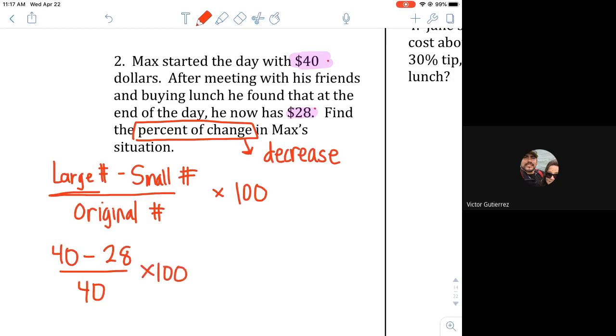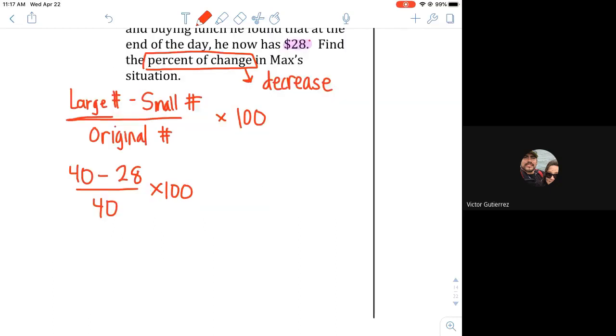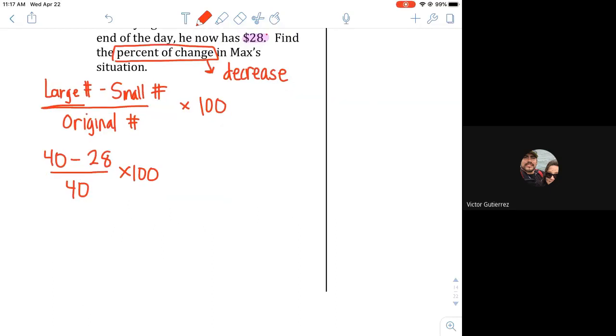Okay. So 40 minus 28. Okay. And then we have 12 over 40, and that's a fraction. So we're just going to divide those two numbers together. So it's going to be 12 divided by 40.